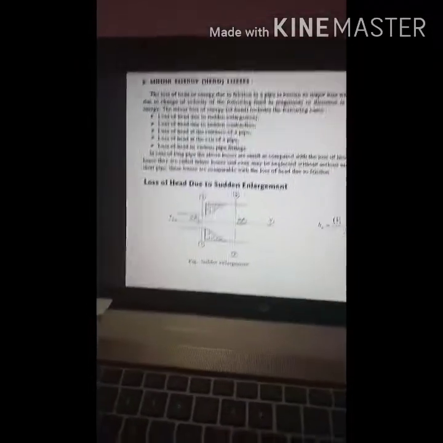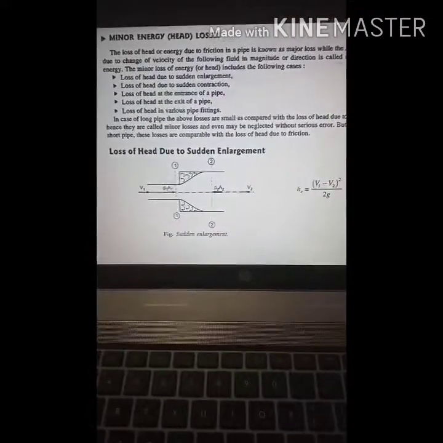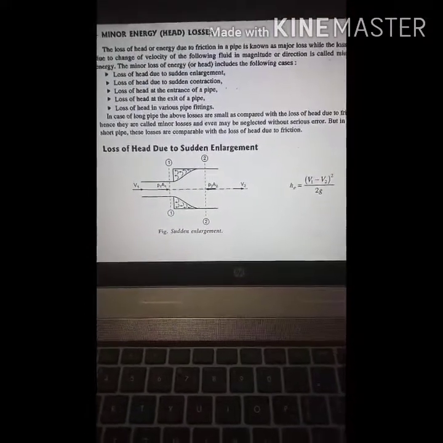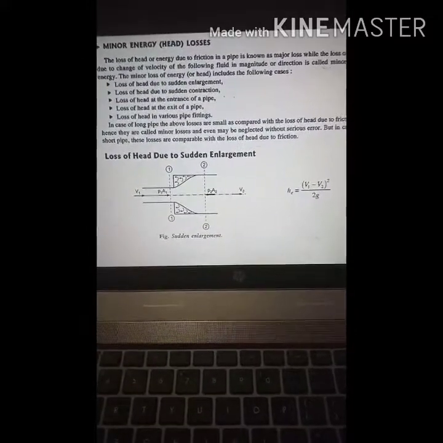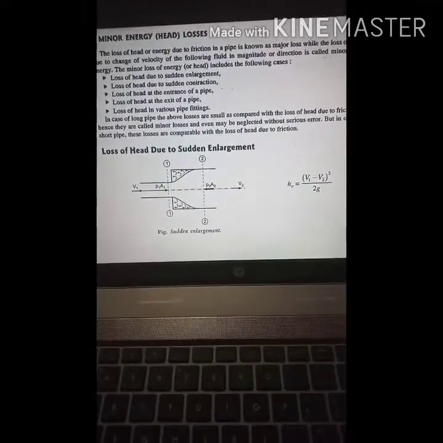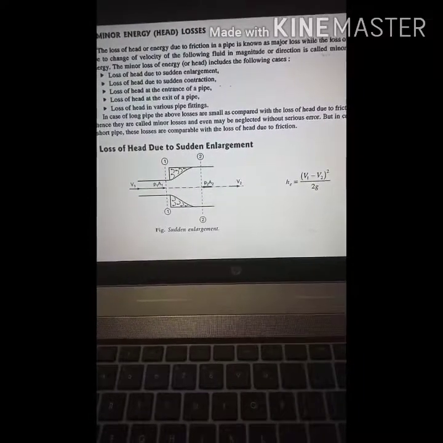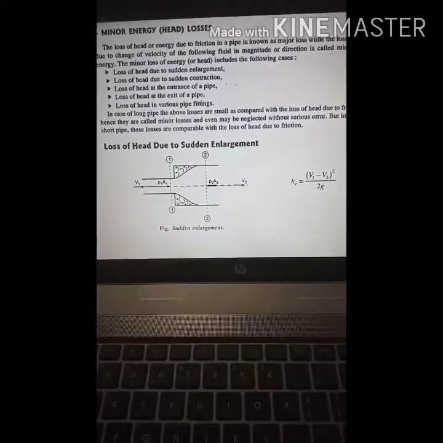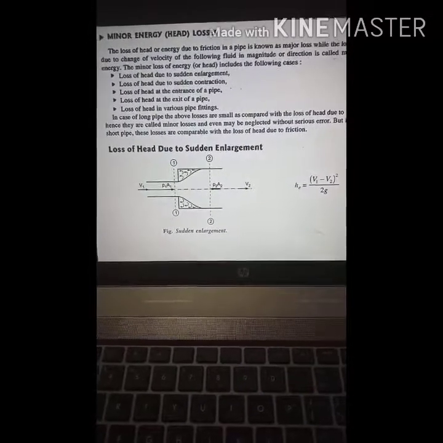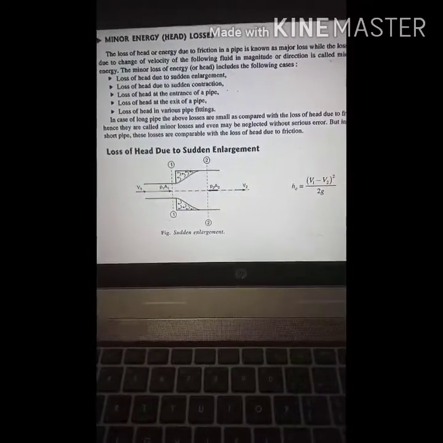Here we will see only the formulas for the different types of minor losses. First one, let us see loss of head due to sudden enlargement. If you see the figure, the pipe area is suddenly increasing. That's why the velocity is reducing, because area is increasing, velocity is reducing.